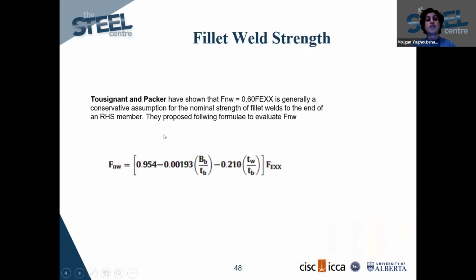Another factor that was considered in developing the design recommendation was a study done by Kyle Tusing-Nant and Professor Packer, and they found that the weld strength in the branch fillet weld is not actually 0.6 FEXX, and it is actually larger.